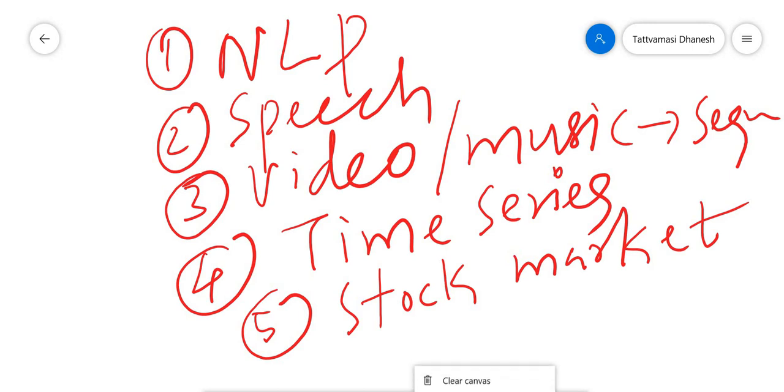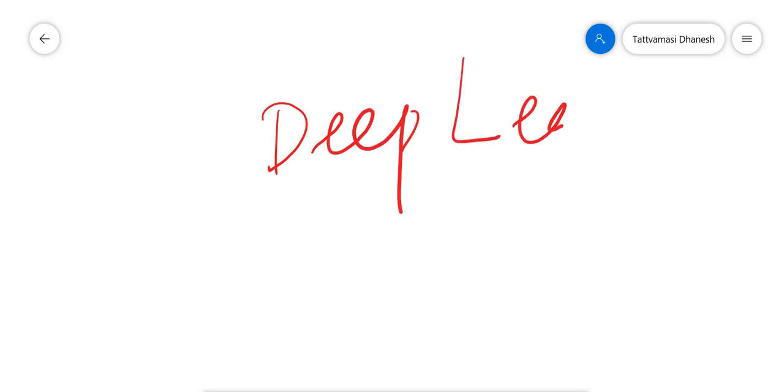Before getting into the math behind a recurrent neural network, I want to tell you about deep learning. I am not telling the traditional definition of deep learning. What is the mathematical interpretation of deep learning?